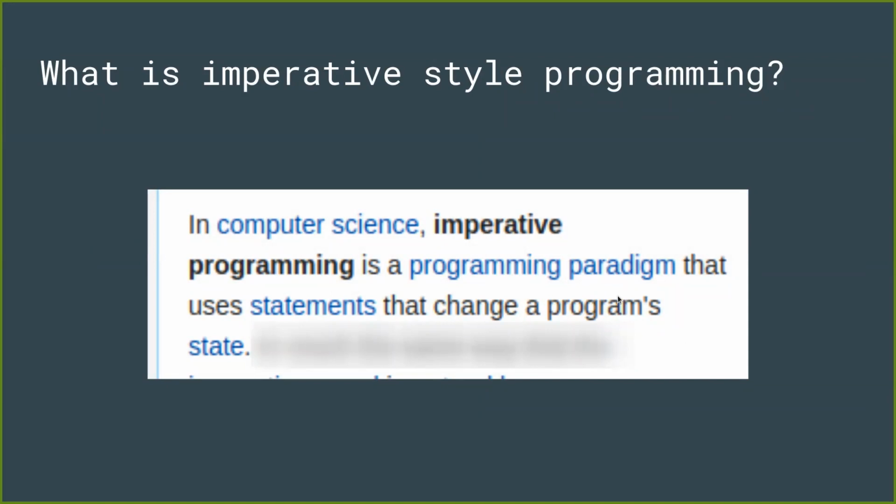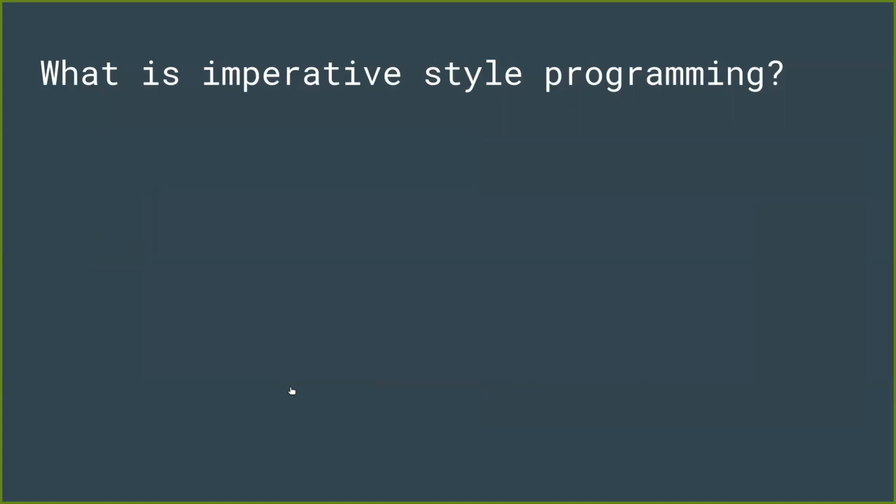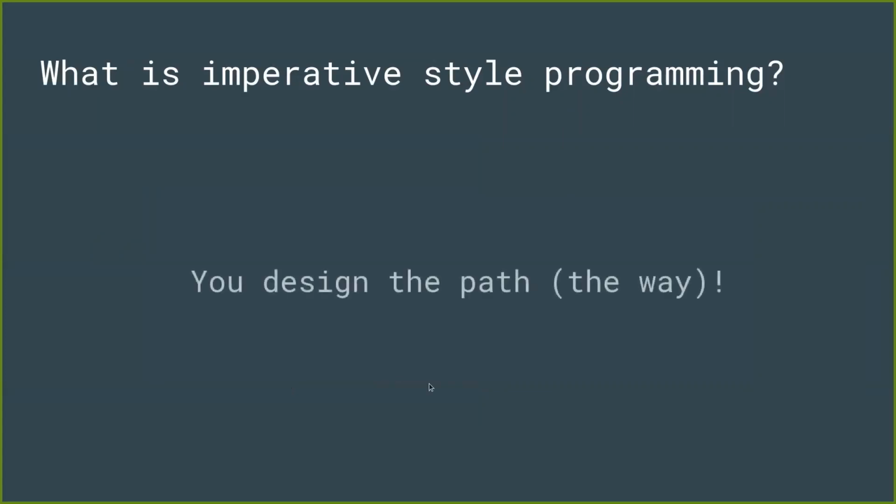Not very helpful, right? It seems to be kind of too abstract, for me at least. So let's try to keep it a little bit more simple though. It's when we design the path our program has to follow in order to achieve our desired state.